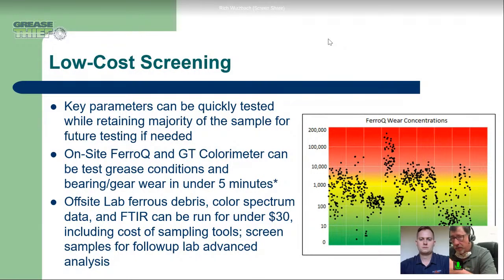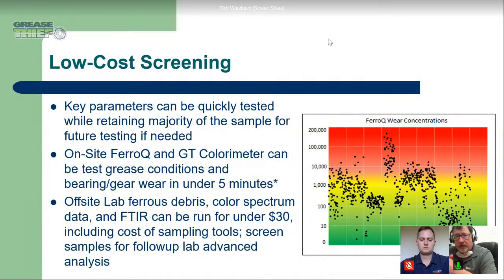The other complementary test that we have is something that we developed here, which is the Grease Thief Colorimeter. And that's something that looks at the optical properties of the grease. A lot of these greases start out with a dye. They're dyed so that they look blue or green or yellow or red or whatever that manufacturer decides. But there's a lot of information in that.